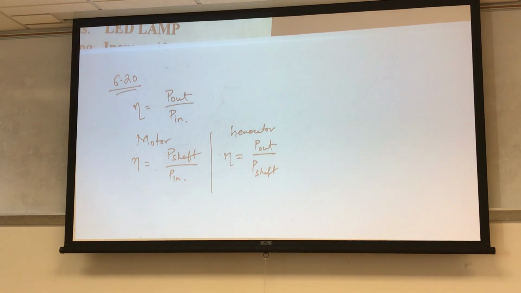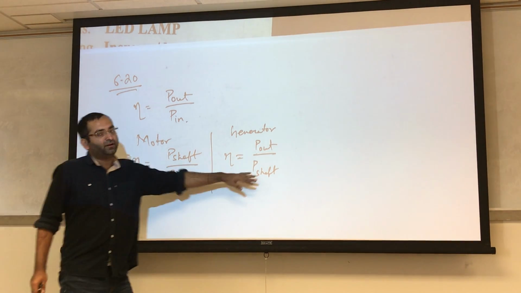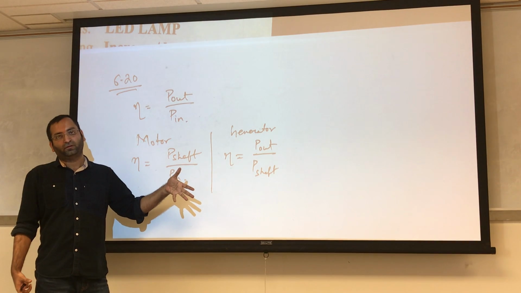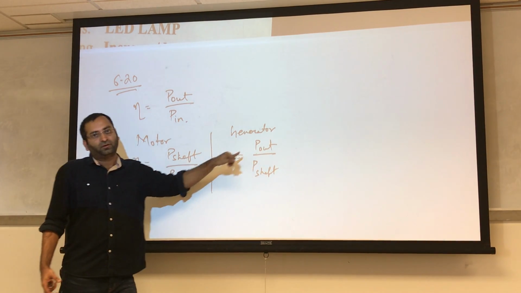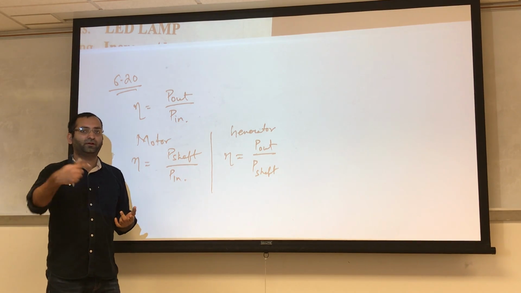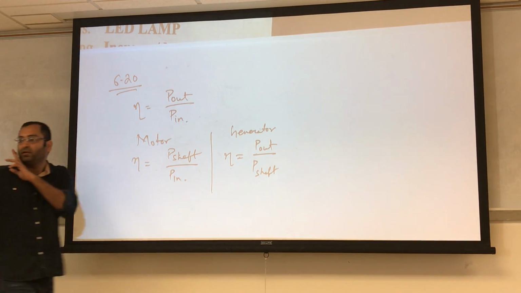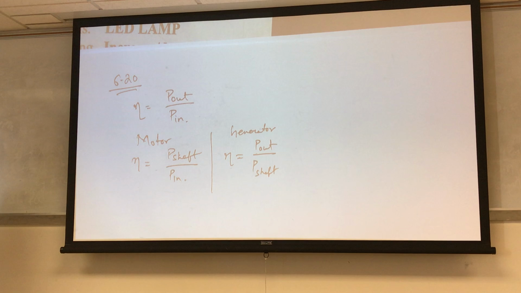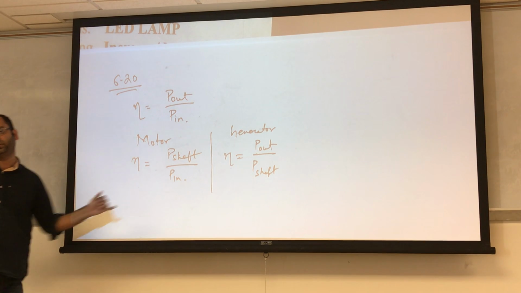Because in generator, shaft is the input, and the output is the voltage. In generator, we are expecting the voltage as the output, right? So that will give you the P out, and P shaft is the input because we have another machine rotating the induction machine. So this is for question, I think, 23. That is one important thing for that question. Everything else is easier.